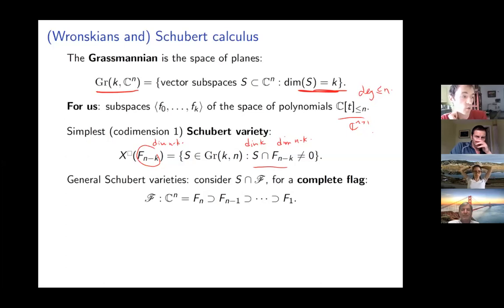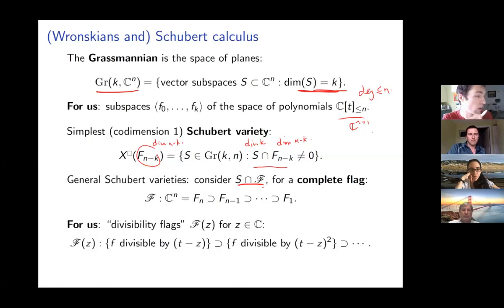In general, we don't just look at a single complementary plane, but for Schubert varieties, we look at a whole complete flag of nested subspaces of Cn, and we look at how S, our subspace, intersects each part of the flag, and we specify some amount of intersection. In the setting we're in with polynomials, we have these specific kinds of flags that I'm going to call divisibility flags.